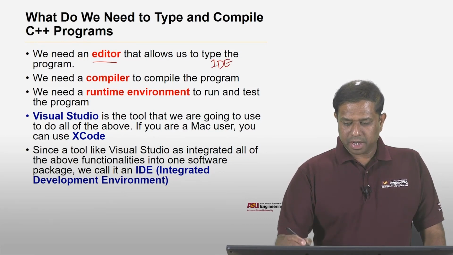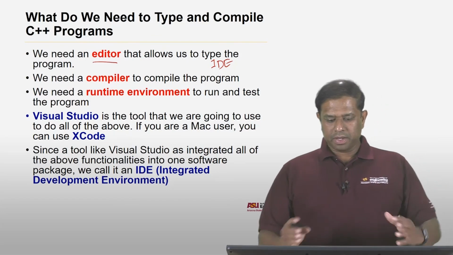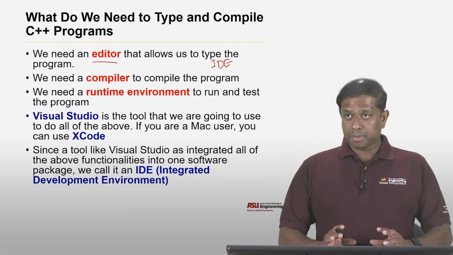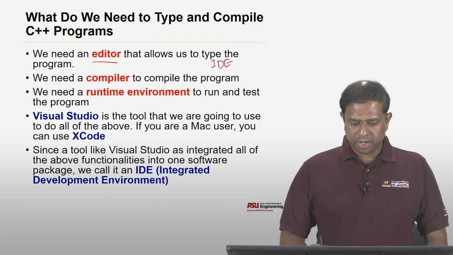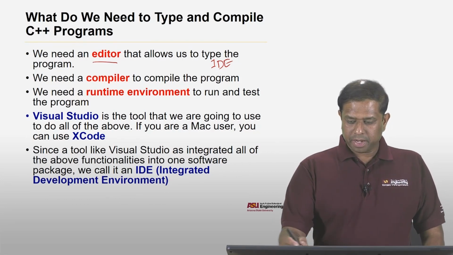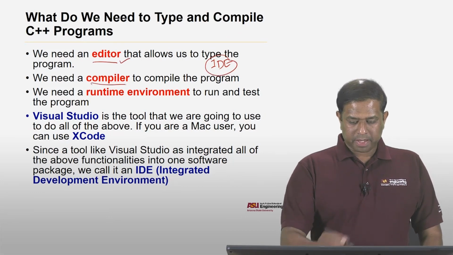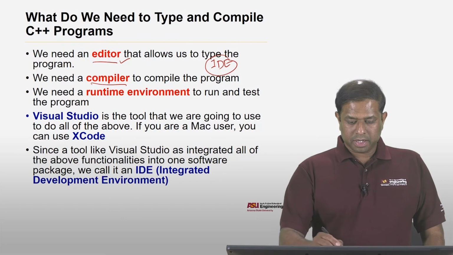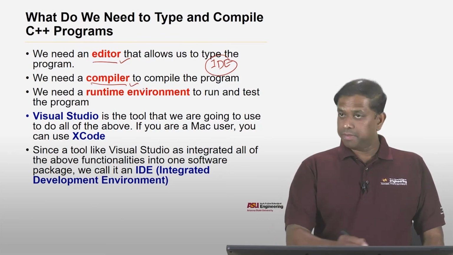IDE stands for Integrated Development Environment. We can use that environment to type the program, compile it, and produce the executable code. The main idea behind an IDE is to have the editor portion and the compiler portion that allow us to edit, compile, and link the program so we can run it.